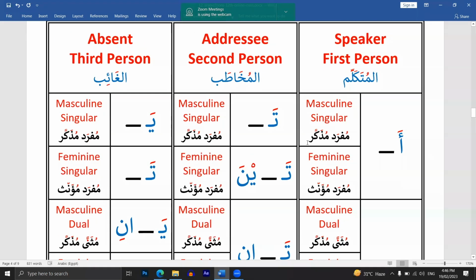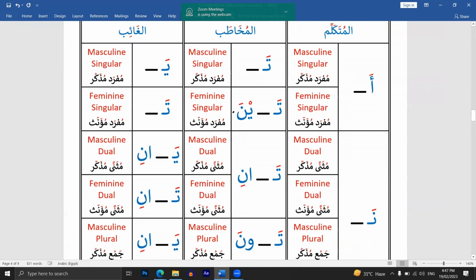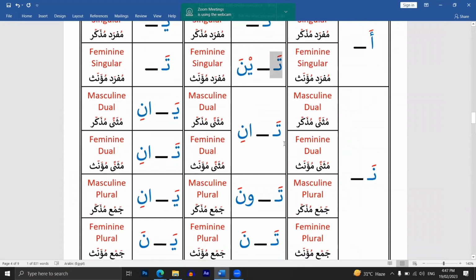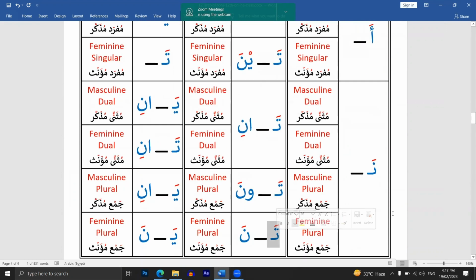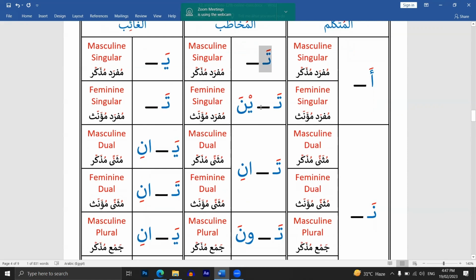Then second person: all second person conjugation begins with ta. Look at it here. Ta, ta, ta, ta, ta. That's it. For masculine singular, we only have a prefix of ta. For feminine singular, we have an additional ya nun.